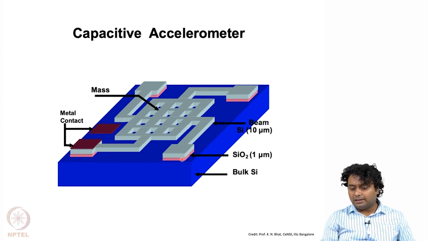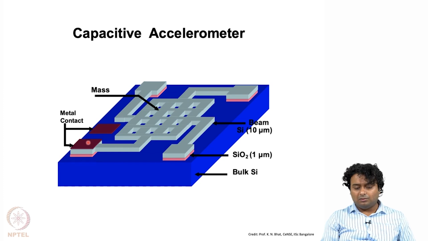This pink side you can see here is SiO2 of 1 micron, and then we have the floating structure or actual proof mass, which is the beam or the moving structure, that is again silicon. This can be polysilicon, also single crystal silicon, and that is let us say 10 micron in thickness.